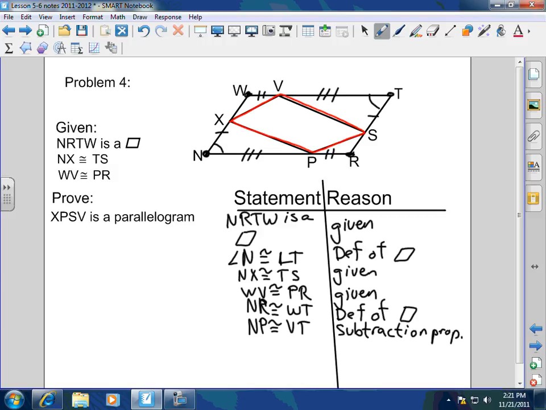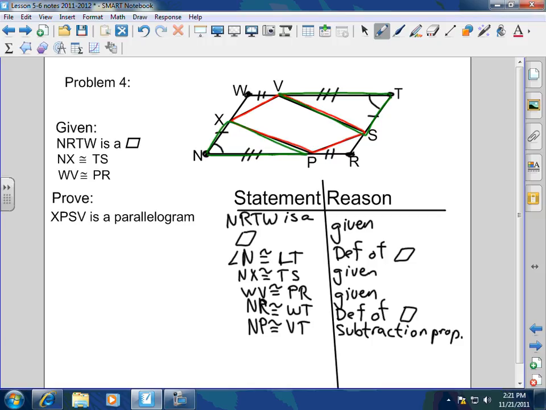Now what? Think about the triangles. It's going to be NXP is congruent to TVS. Why? Side angle side.